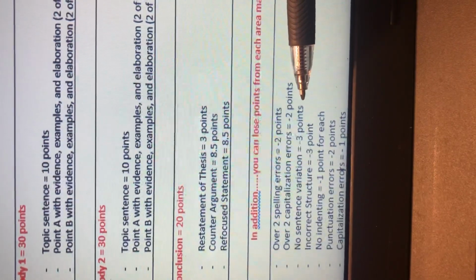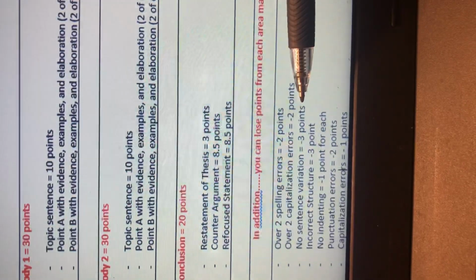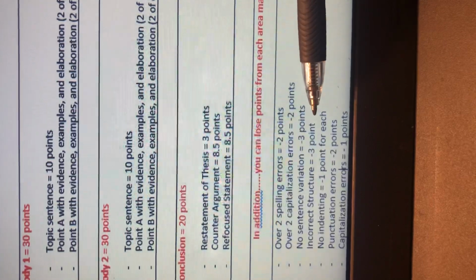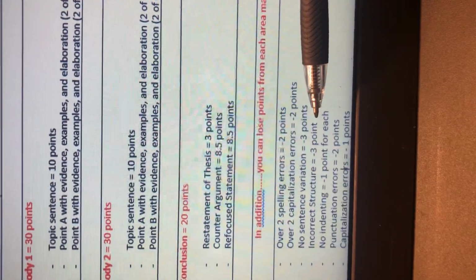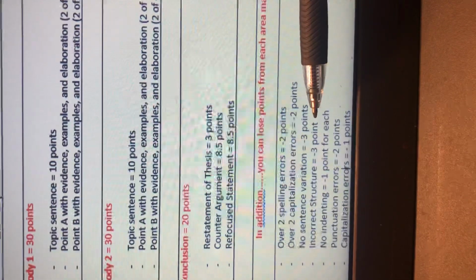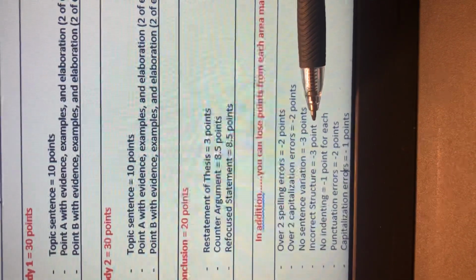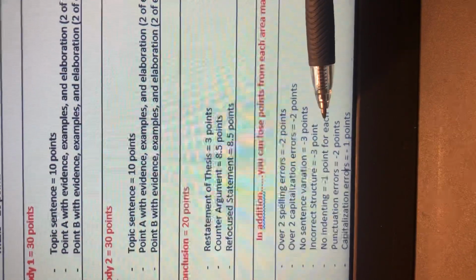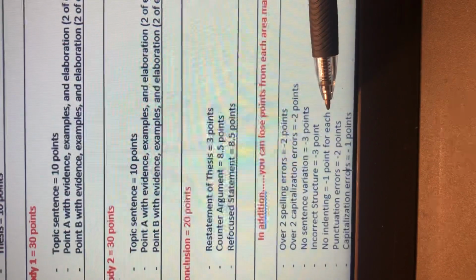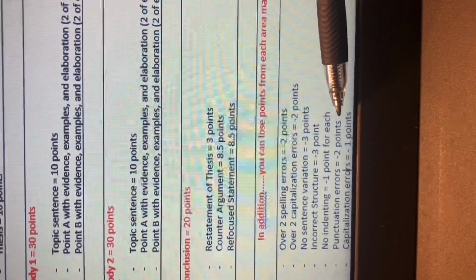No sentence variation. That means I don't see simple, compound, and complex sentences. If the structure of your essay is incorrect, meaning you don't have your paragraphs indented, you don't have 4 separate paragraphs, that would be considered incorrect structure. No indenting, again, minus 1 point if it's only maybe done in one section. If you have punctuation errors, that's taking away points.